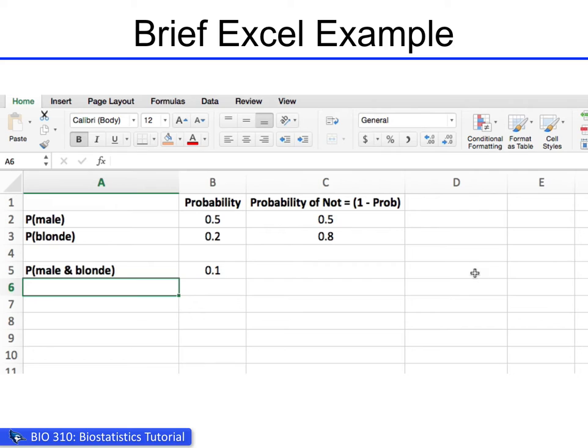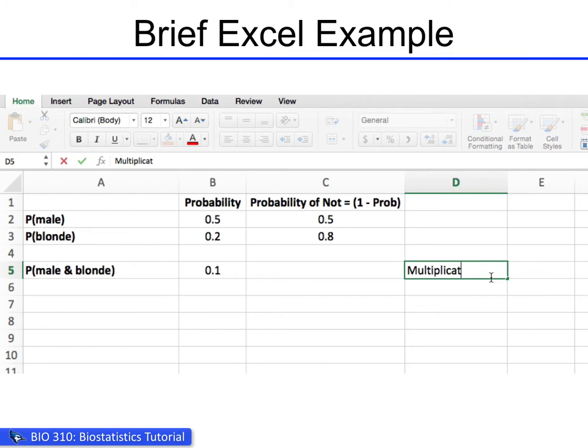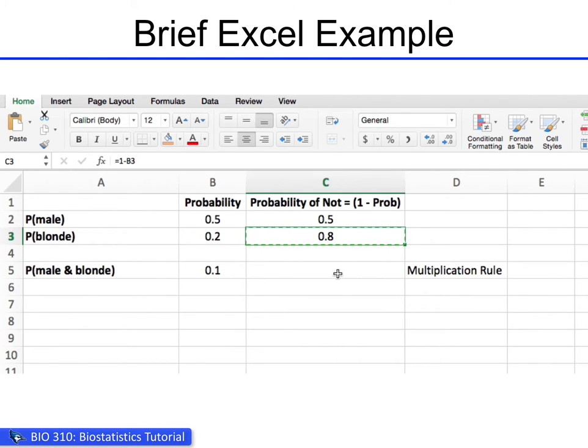So here we can see the probability of 0.1. So this is a case of the multiplication rule. And if we just want to copy this down, what this means here is that the probability of being male and blonde is 0.1, and the probability of not being male and blonde is 0.9.